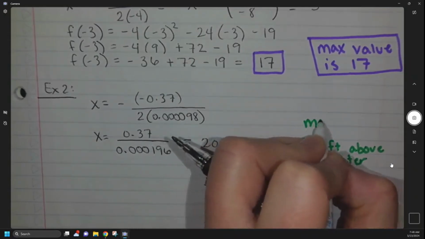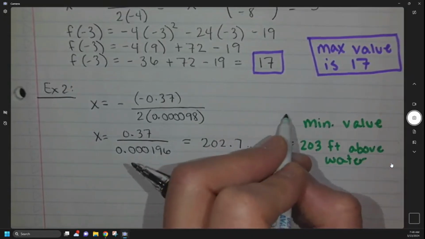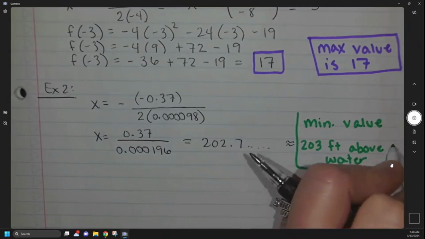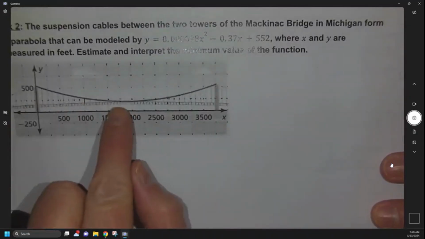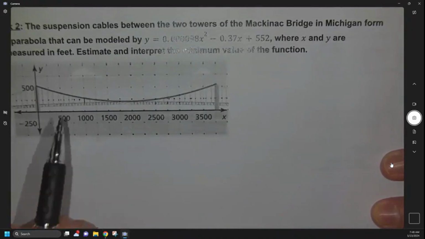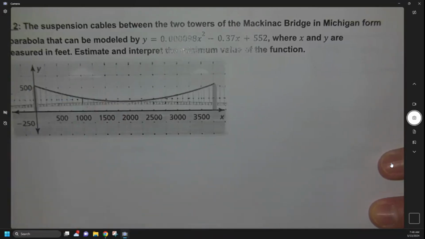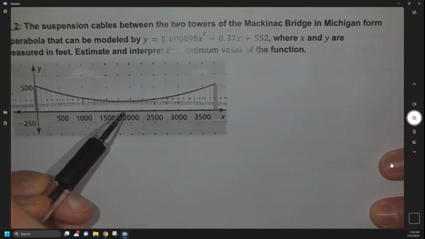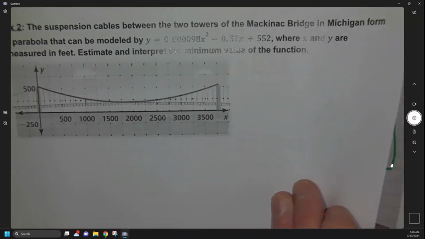And that was our minimum value. So if we look at our picture here, right, this minimum value here is approximately, looking at our height, about 203 feet above the water at its lowest point. Okay, so that's what that means for us for this question.